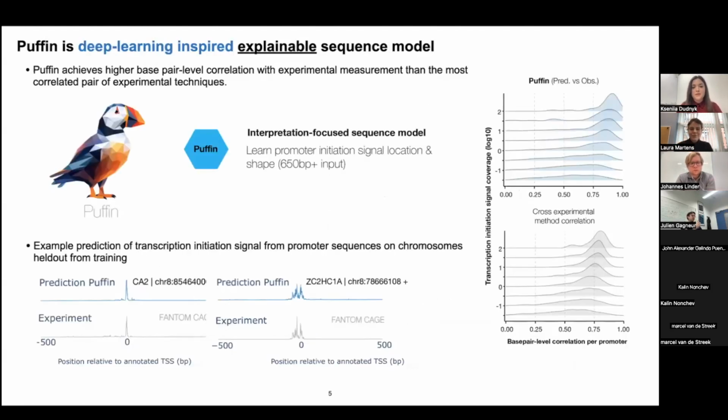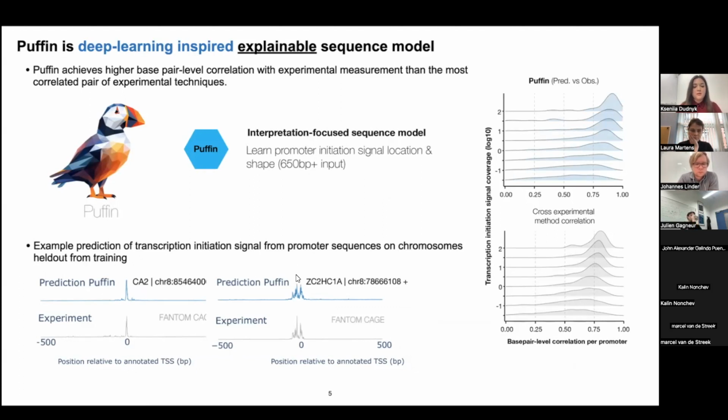We developed a model that we call a deep learning inspired explainable sequence model, and we called it Puffin. Puffin was designed to study only promoter activity. So it takes only local sequences to make the prediction, and it works as a sliding window prediction.